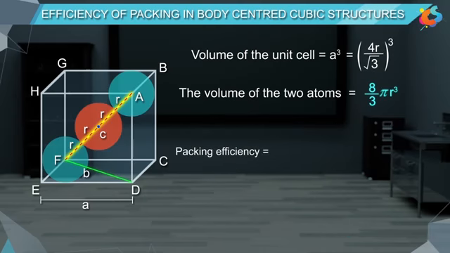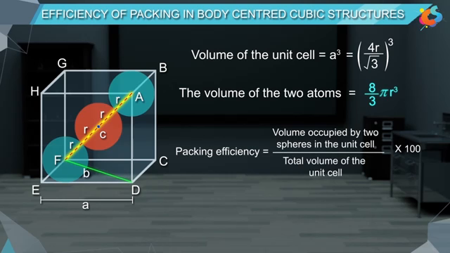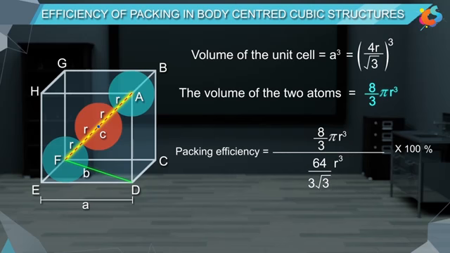Packing efficiency is equal to volume occupied by 2 spheres in the unit cell times 100 by total volume of the unit cell, percentage, which is equal to (8/3 πr³) times 100 by (64/(3√3)) r³ percentage, which is equal to 68%.